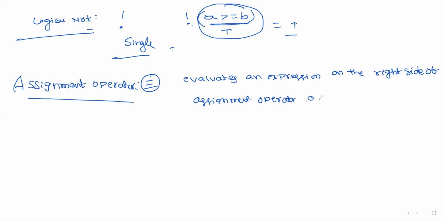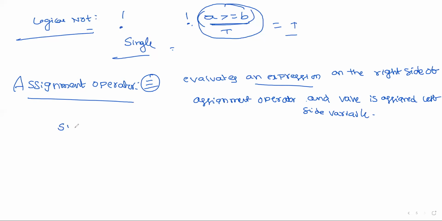And then after evaluation, it contains a single value. Remember, it contains a single value and the value is assigned to the left side variable.